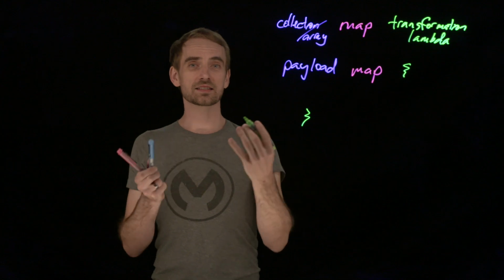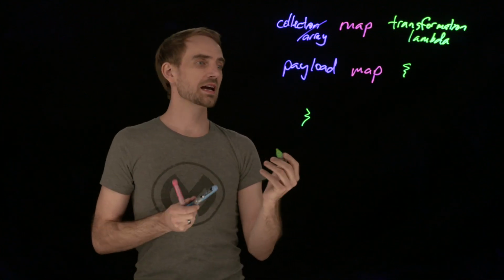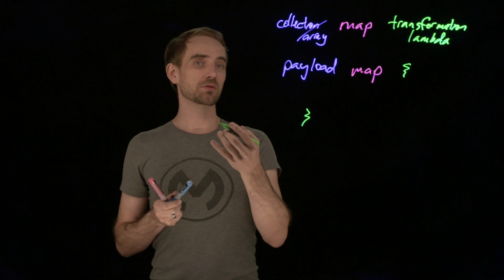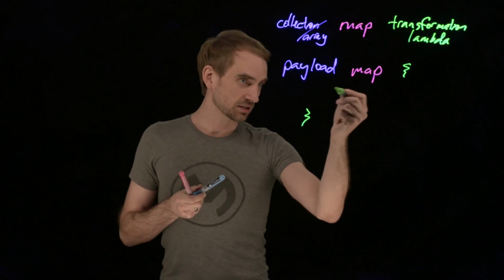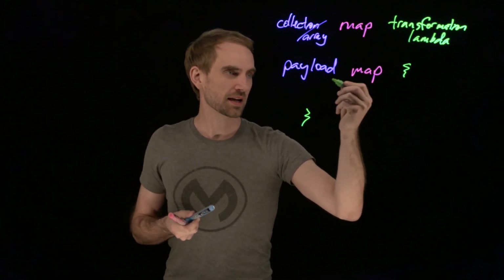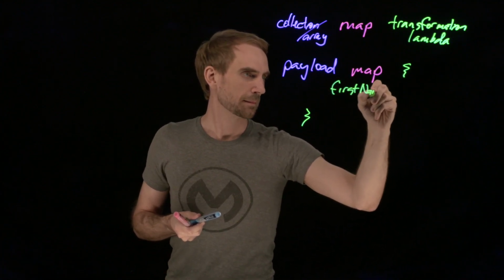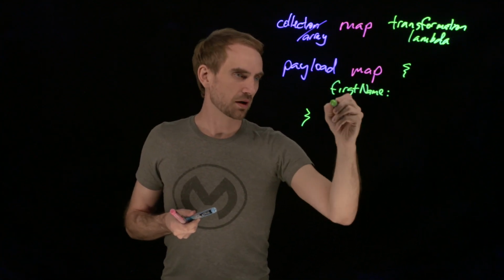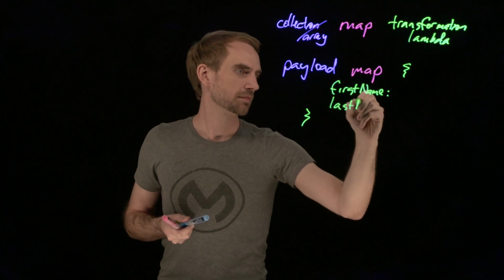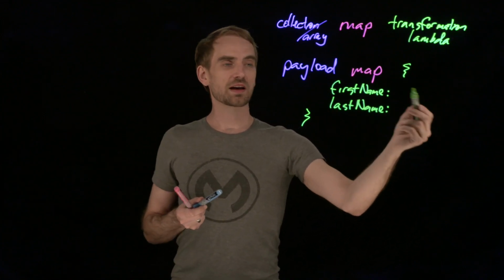If I was taking in, say, an array that had a structure that had first name and last name, I could grab those out of that structure and start to create a new structure here. So I would be doing something like my keys, so I think about my first name, last name. So these are the keys, and then I need to get to the values.